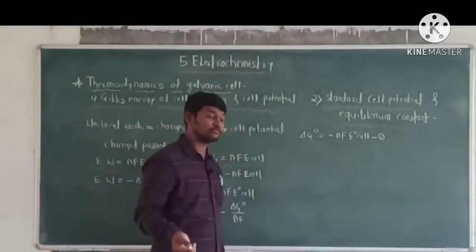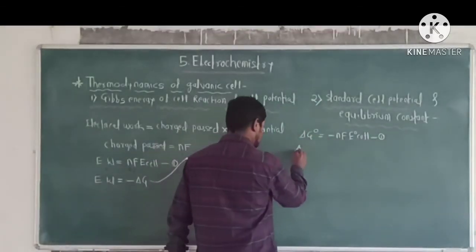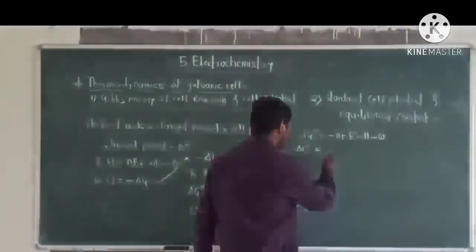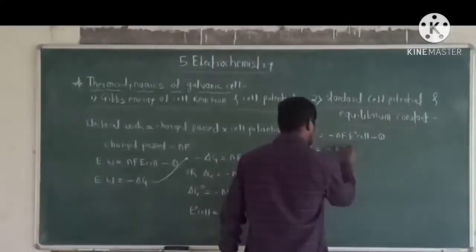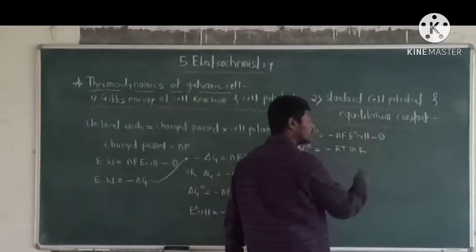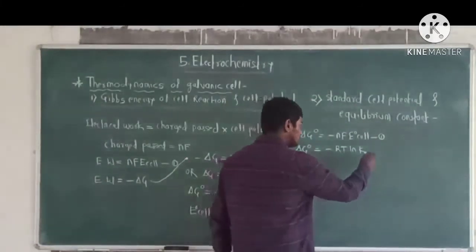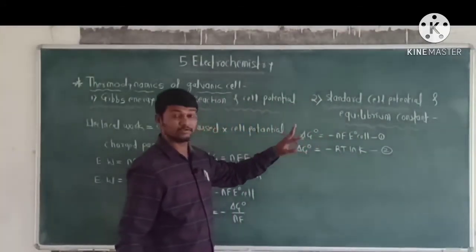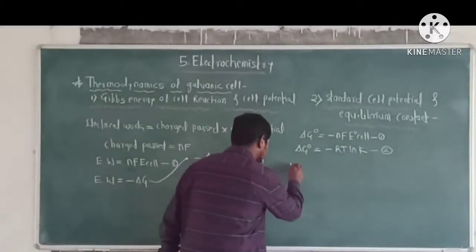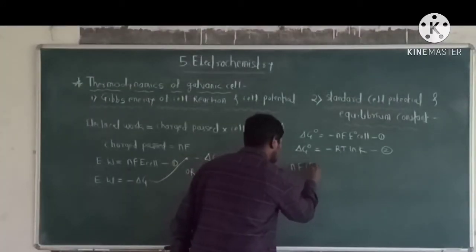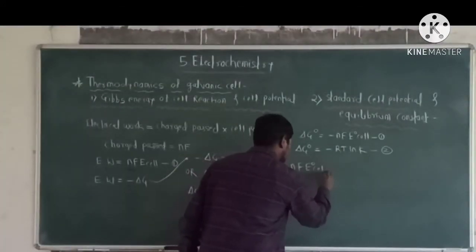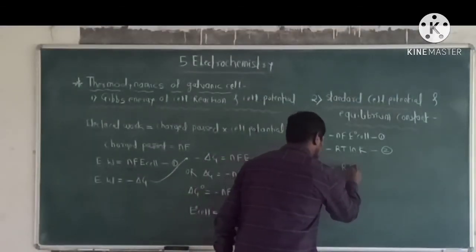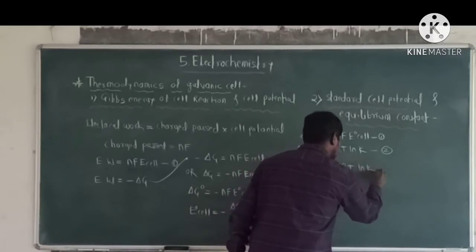Also we know that delta G0 is equal to minus RT log K, K is the equilibrium constant. This is equation number 2. Combine equation number 1 and 2, we get nF E0 cell is equal to RT log K.